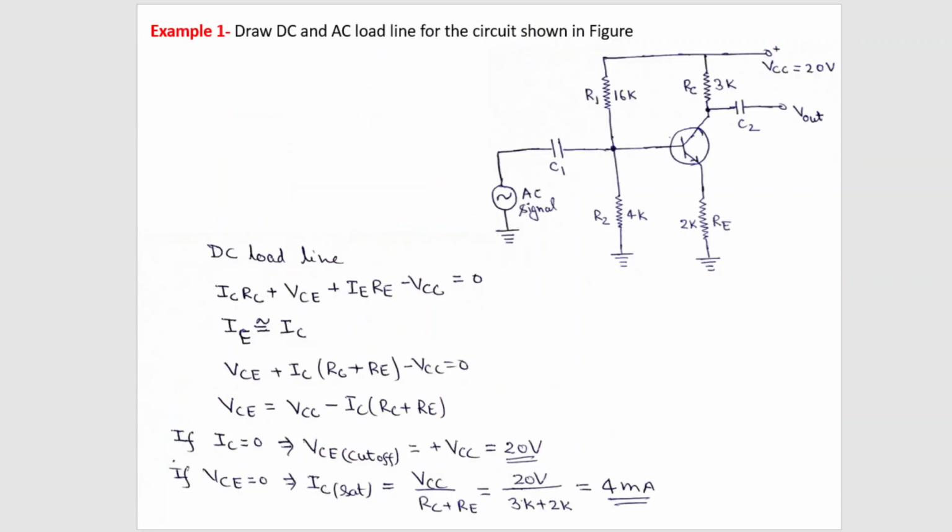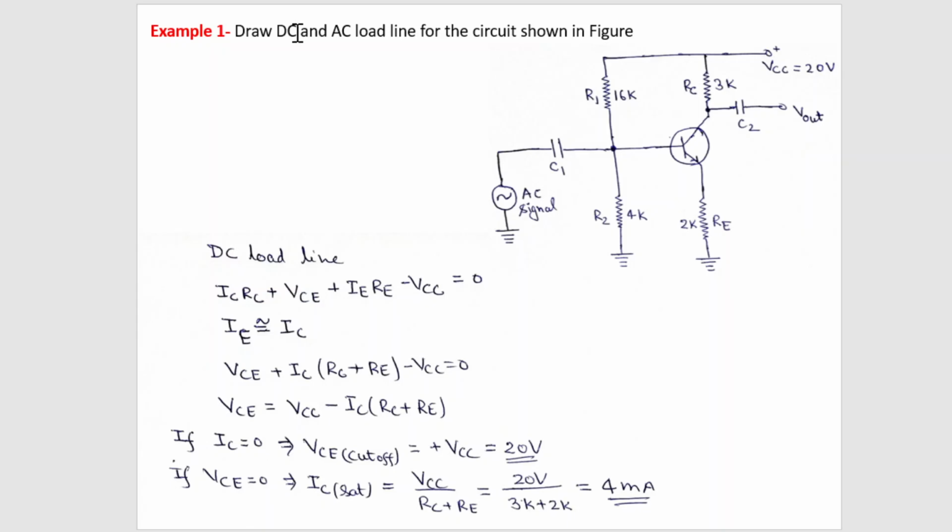So we need not bother how much AC signal is applied, given or not. It is sufficient that the signal is applied. Capacitors C1 and C2 will also be given, but the AC load line does not depend upon C1 and C2 either. So we need not bother about these numbers.